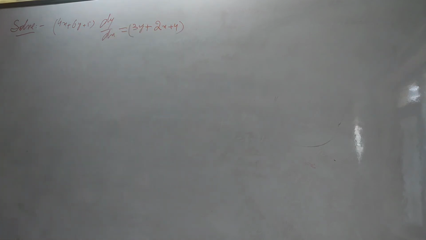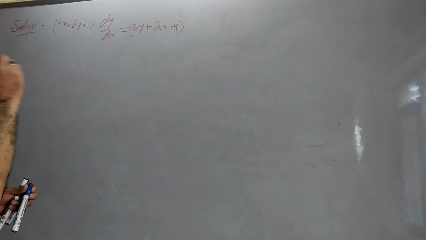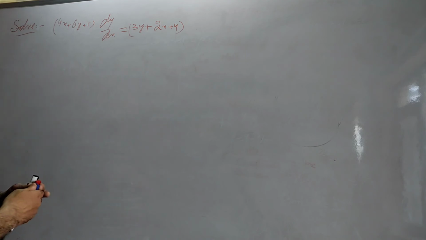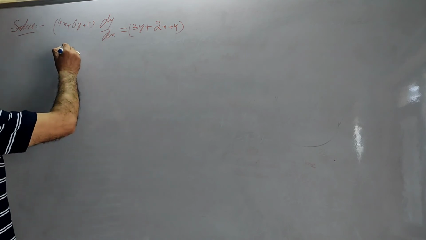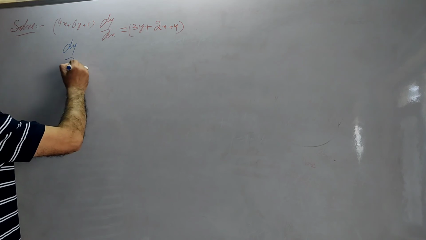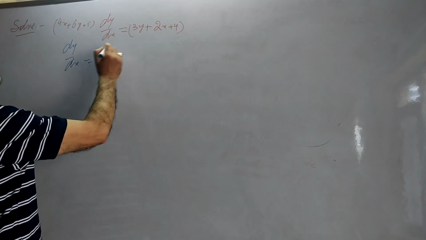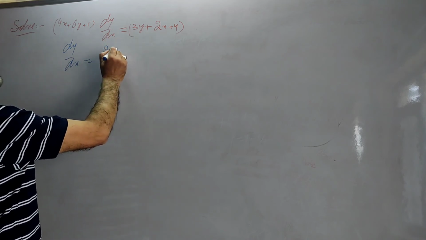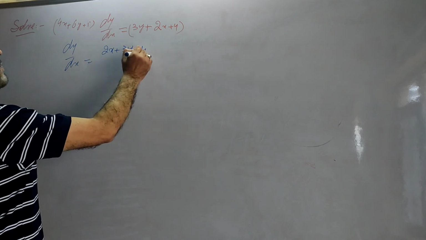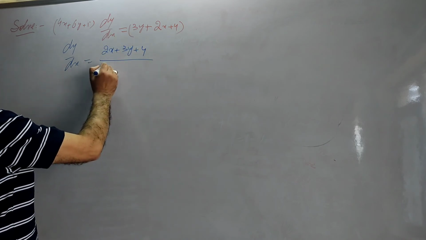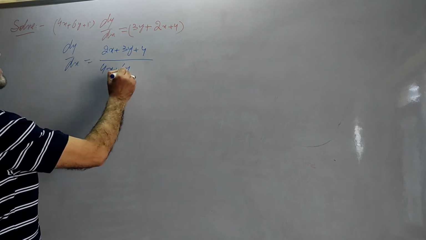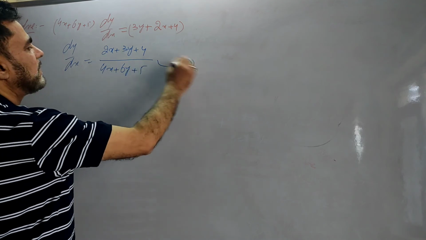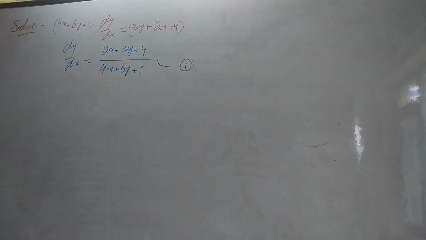You have to solve this differential equation. It is also of the same reducible form, because you are having separate constants. You can write dy by dx is equal to (2x plus 3y plus 4) by (4x plus 6y plus 5). We have to solve this differential equation.